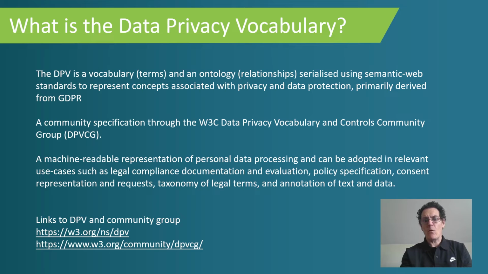The Data Privacy Vocabulary is a machine-readable representation of personal data processing and can be adapted in relevant use cases such as legal compliance documentation and evaluation, policy specification, consent representation and requests, taxonomy of legal terms, and annotation of text and data.